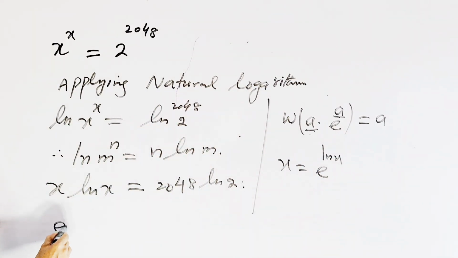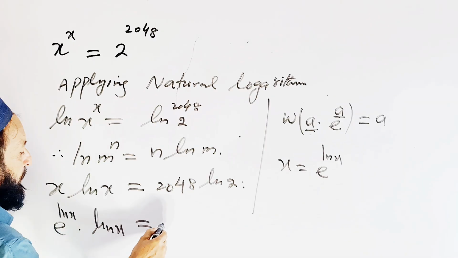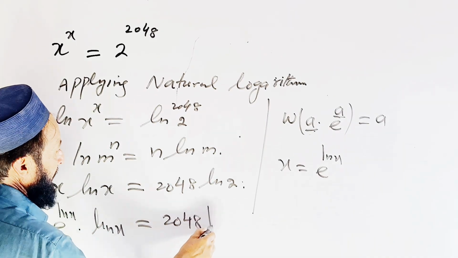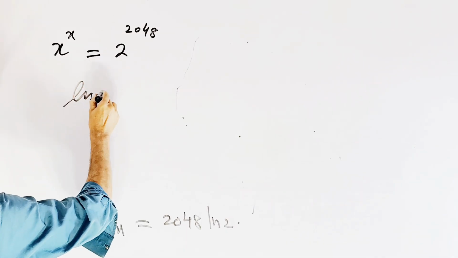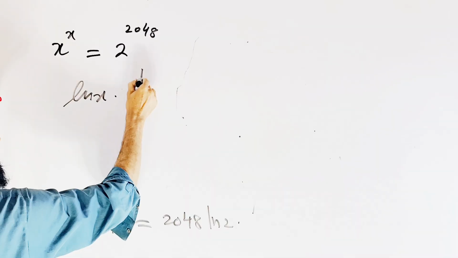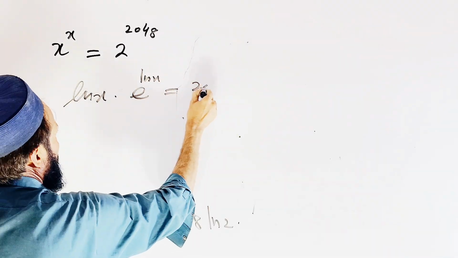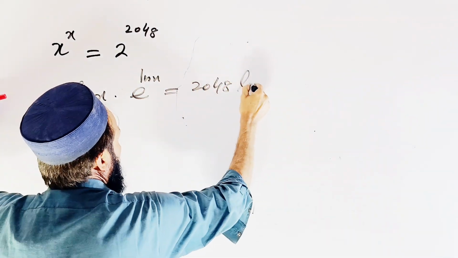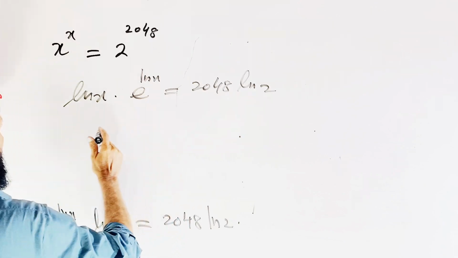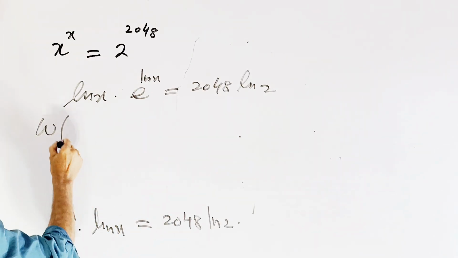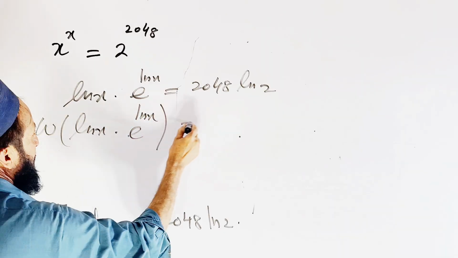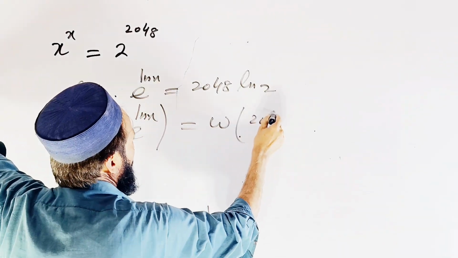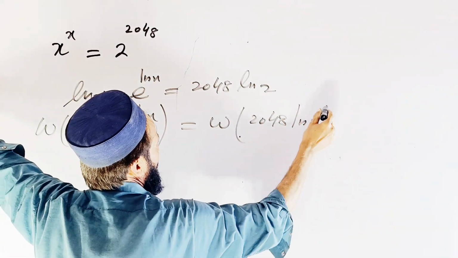Now log x times e to the power log x is equal to 2048 log 2.